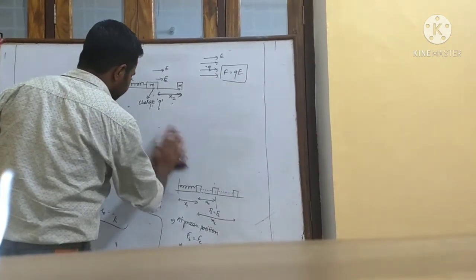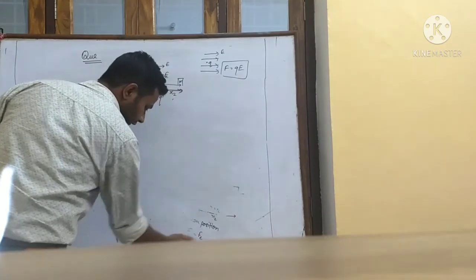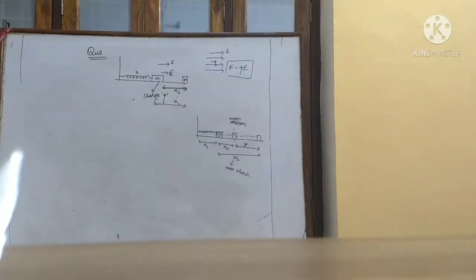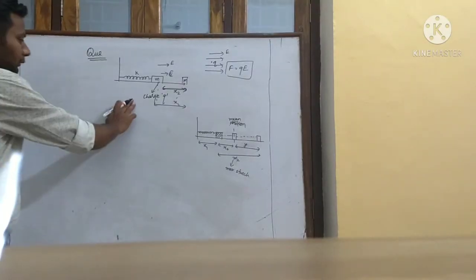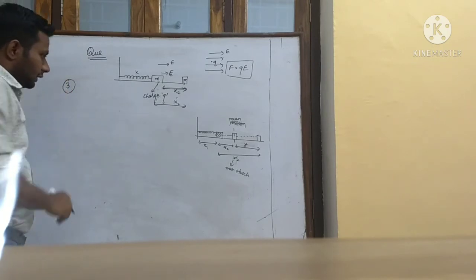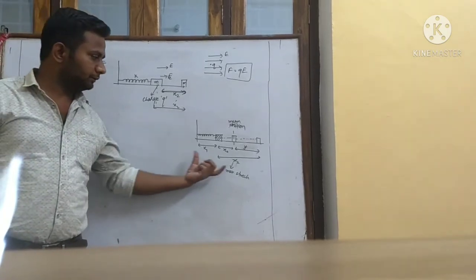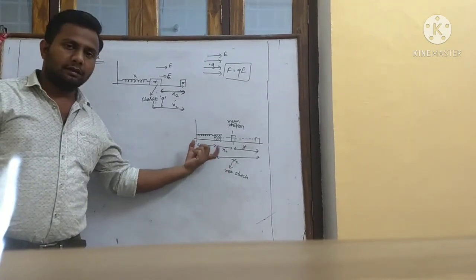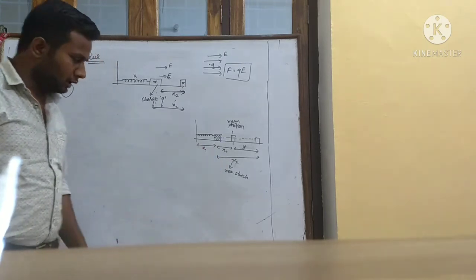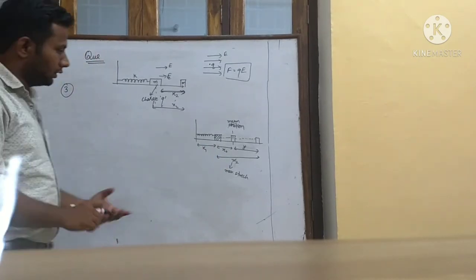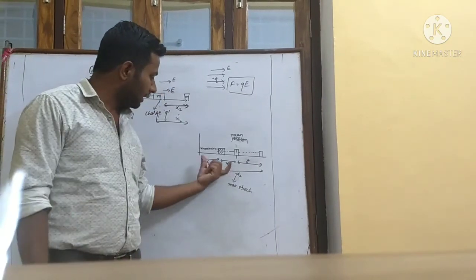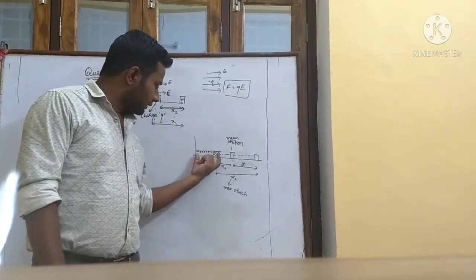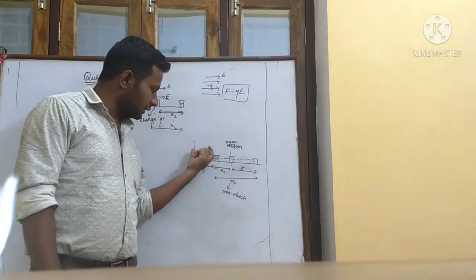Now see. So now I am going to solve the third part. What is the third part? We have to check this motion of the block is simple harmonic motion or not. Okay. So now you can see this diagram I have drawn again. This distance is x naught. This is the original length of the spring.